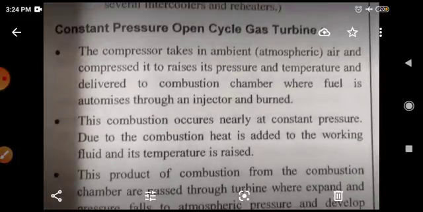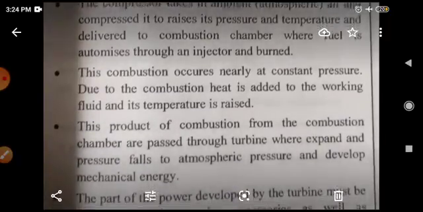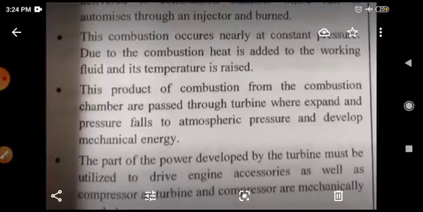First one, constant pressure open cycle gas turbine. The compressor takes ambient air and compresses it to raise its pressure and temperature and delivers it to the combustion chamber where fuel is atomized through an injector and burnt.